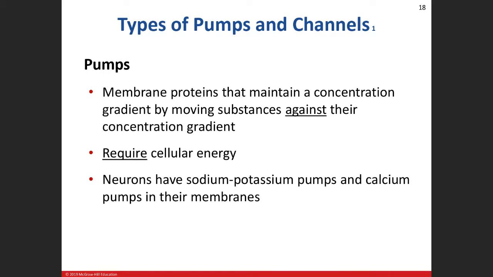So sodium wants to enter the cell, and there's more potassium inside the cell than outside the cell, so potassium wants to leave the cell. But what this pump does is it pumps those substances against their concentration gradient. It's going to keep pumping sodium out of the cell, even though it wants to go in the cell. It's going to keep pumping potassium into the cell, even though it wants to leave the cell. Okay? So you need to know this. Pumps require energy, and they're going to move substances against their concentration gradient. Okay?